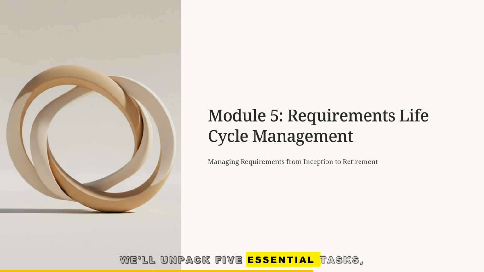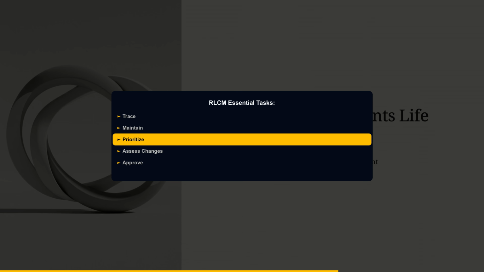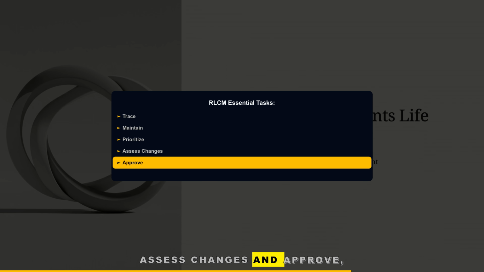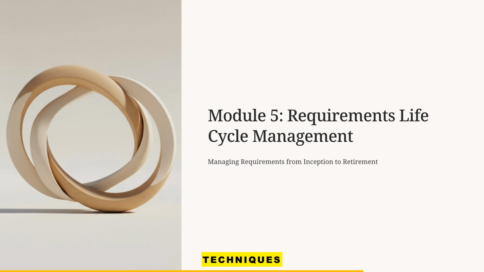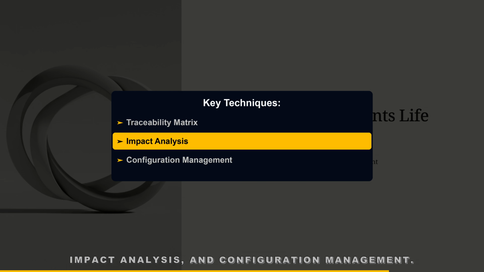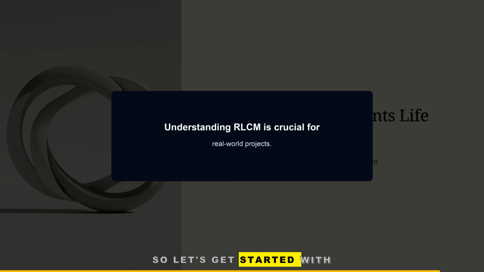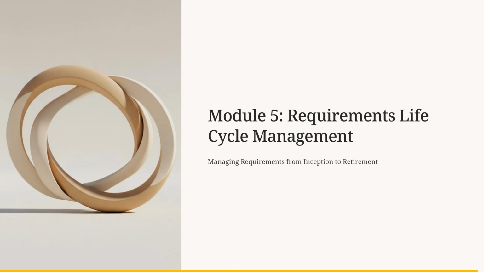We'll unpack 5 essential tasks: trace, maintain, prioritize, assess changes, and approve. And we'll look at key techniques such as traceability matrix, impact analysis, and configuration management. So let's get started with understanding what RLCM really is and why it matters so much in real-world projects.